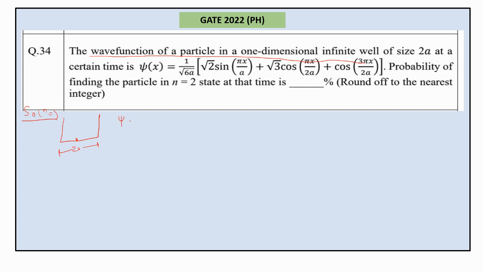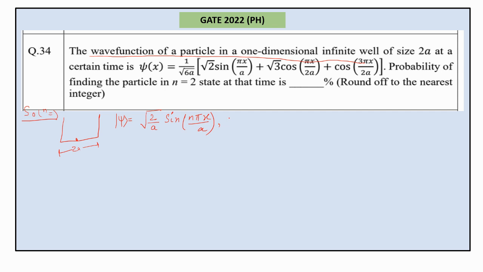Can any one of you tell me the wave function for a one dimensional infinite well? What is the form of the wave function? Under root 2 by a sine n pi x by a, right?